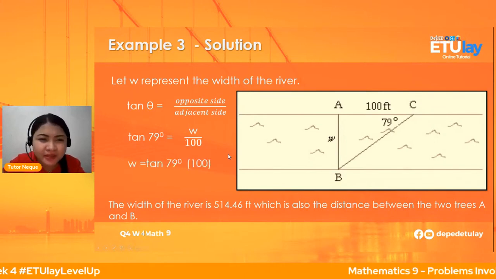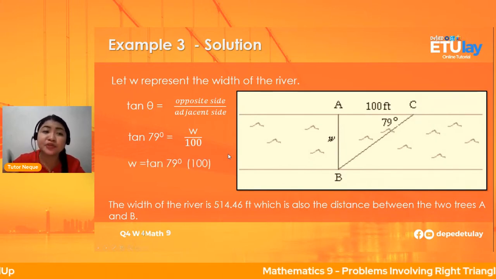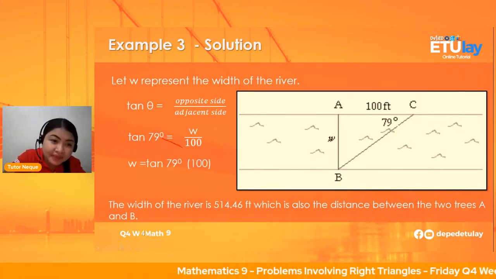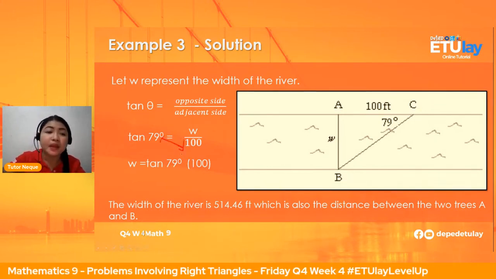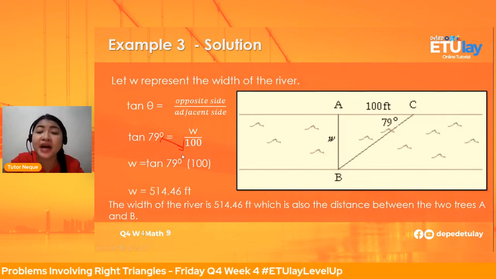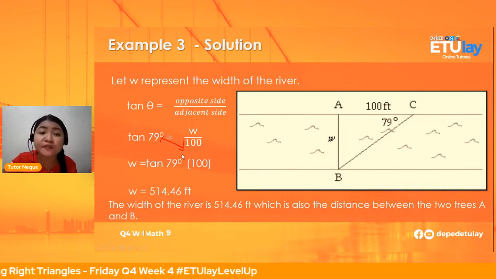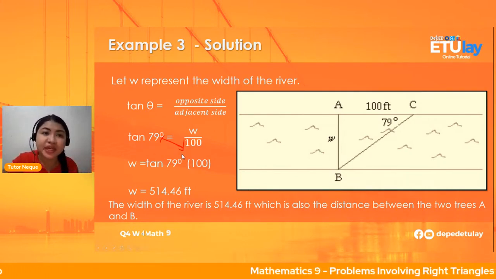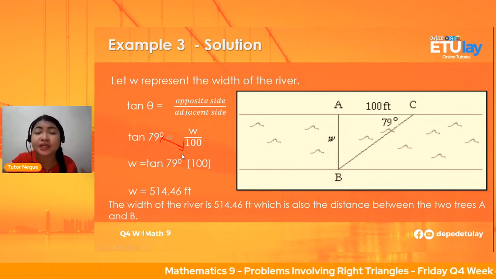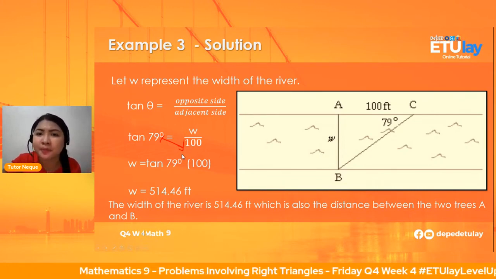Cross product property, W is equal to tan 79 degrees times 100. Multiply lang natin itong dalawa. The answer is 514.46 feet.